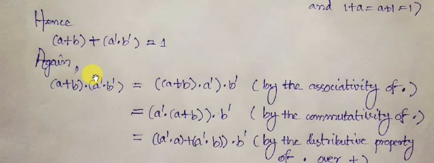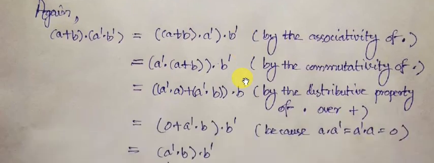From the distributive property of this multiplication, and from the associativity property of this multiplication binary operation, we can write this as ((a + b) into a complement) into b complement. We also know that this multiplication binary operation is commutative.